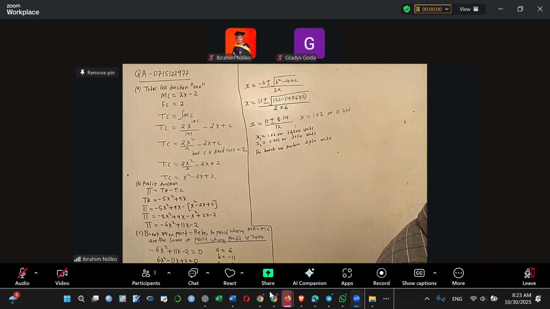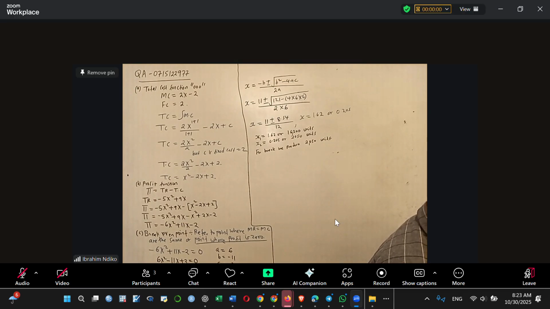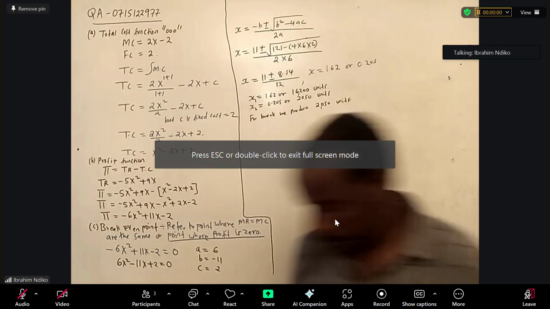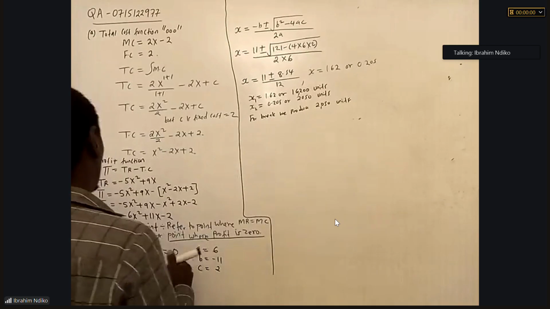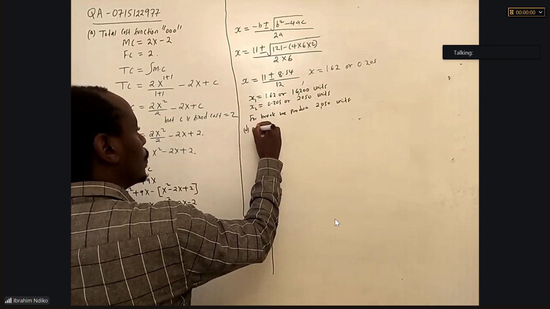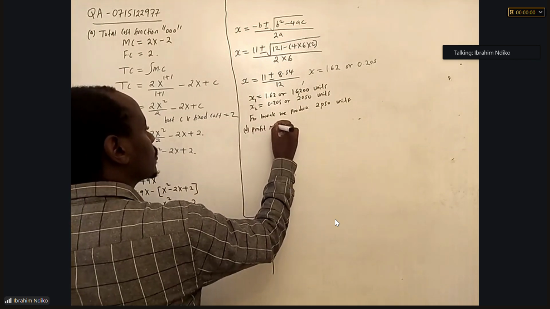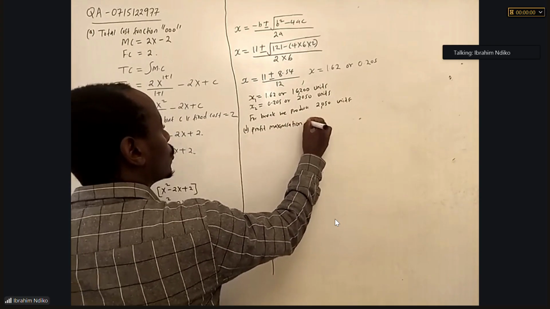Next is profit maximization output. That is part D. Profit maximization output.